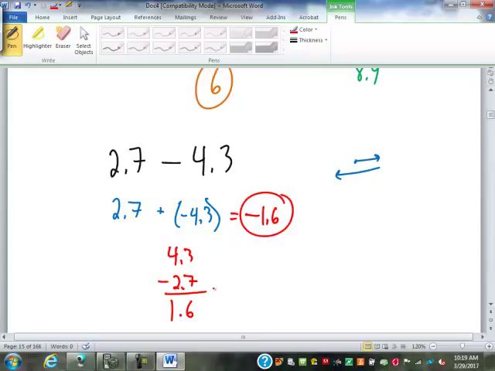Now again, your calculator does do decimals really well. So on something like that, it would do the negative for you. That's why I use this picture, because this picture tells me they're going opposite directions, so I'm going to subtract the values instead of adding them. And I end up on the negative side, so I know my answer is negative.